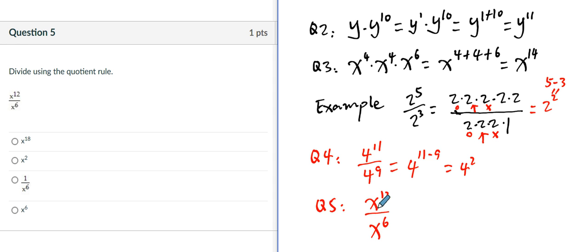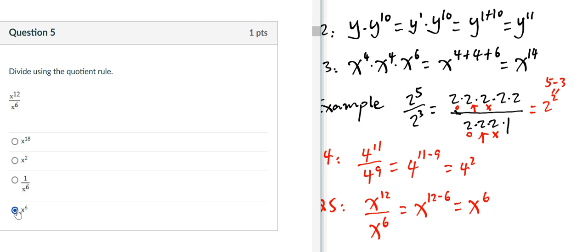If x is 3, then x has to be 3. Okay. So we do the same thing. x to the 12 minus 6. For the multiplication, you do addition. For the division, you do subtraction. x to the 6. Which one? The one right here.